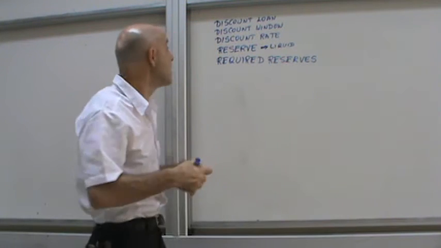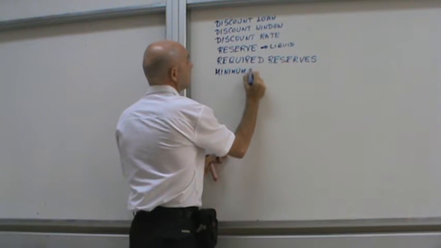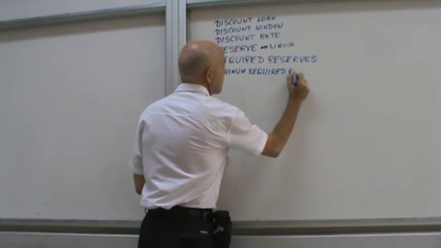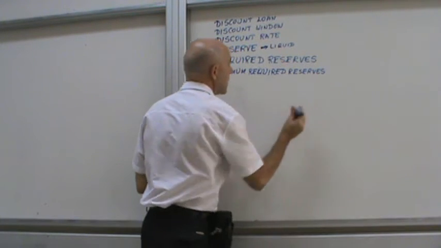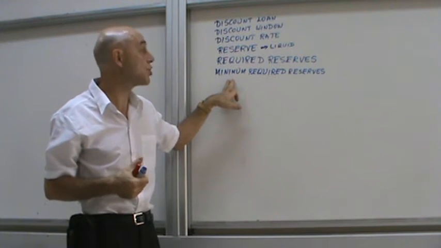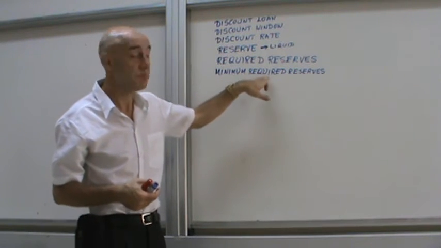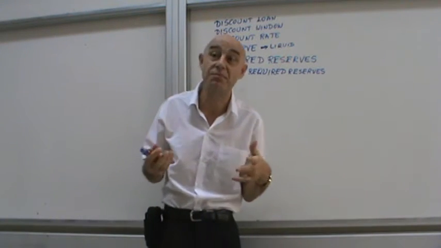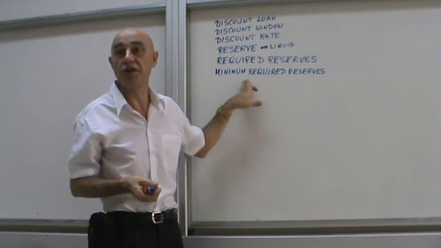And from there we have minimum required reserves, which is the minimum percentage that commercial banks must maintain by law. The minimum is usually a percentage, 3%, 5%, 10%, of the obligations, usually demand deposits.